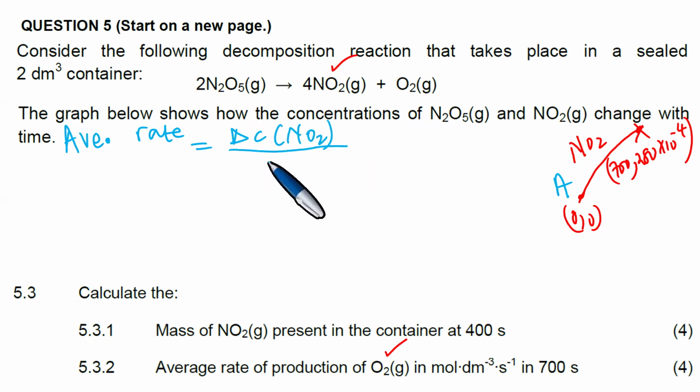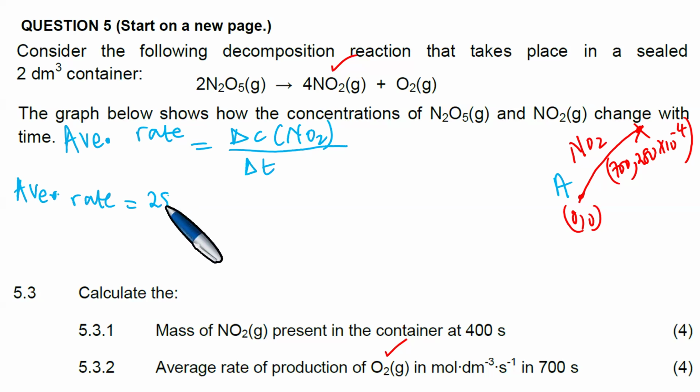So we're going to do the change in concentration divided by the change in time, and this is the average rate. But now we write rate. What is the change in concentration?